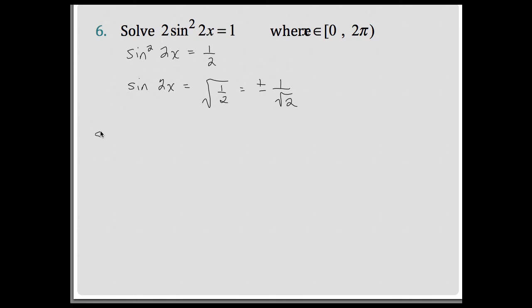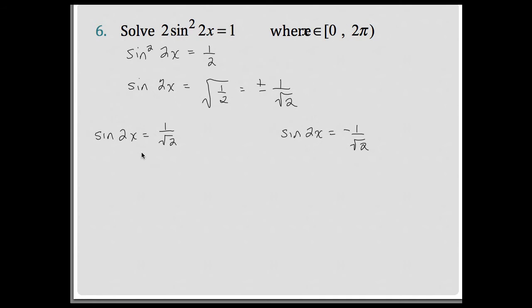You have where sine of 2x equals a positive 1 over square root of 2, and you have sine of 2x equaling a negative 1 over square root of 2. So hopefully you're already starting to think about what your reference angle is going to be.